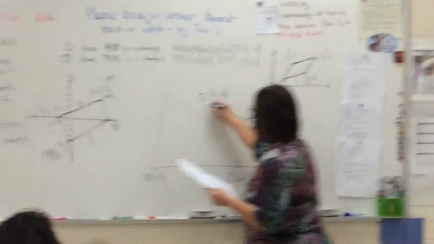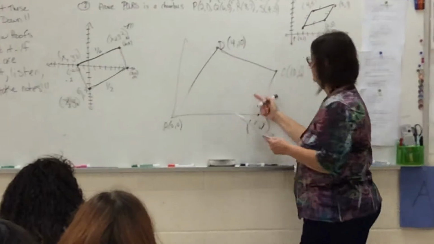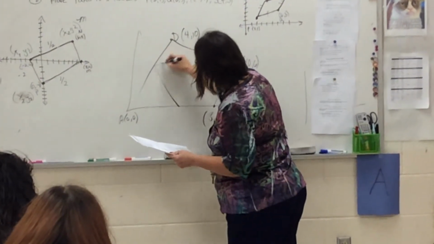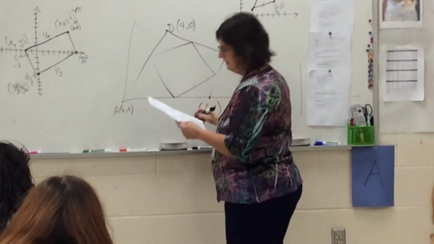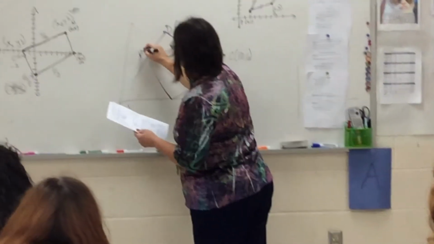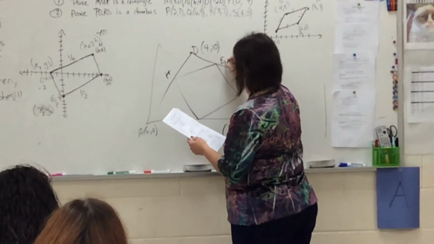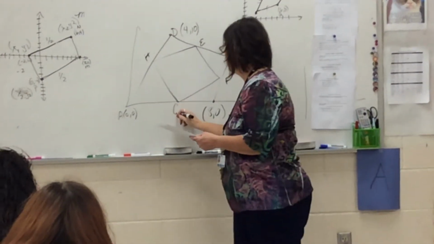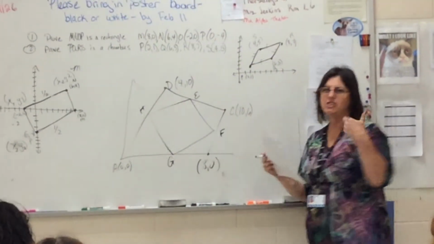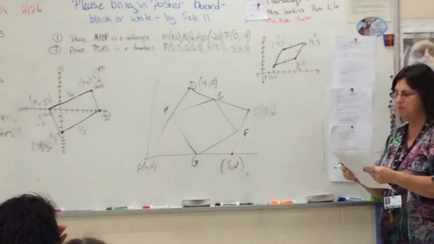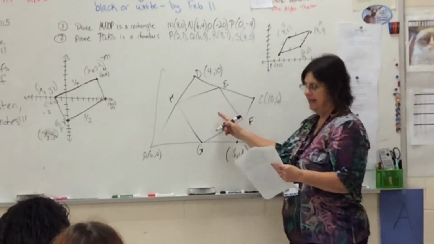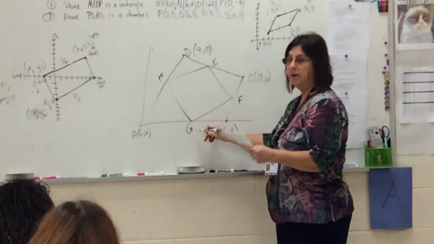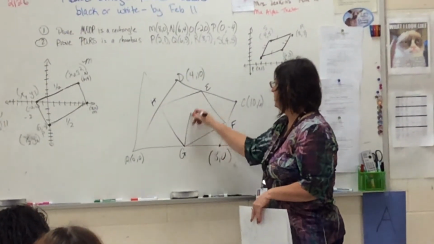So I've got this quadrilateral. And then inside of it, they inscribed another quadrilateral that looks like this. And this is H, and this is E, and this is F, and this is G. And the instructions that they had to do is they had to prove that E, F, G, and H was a parallelogram by using midpoints.